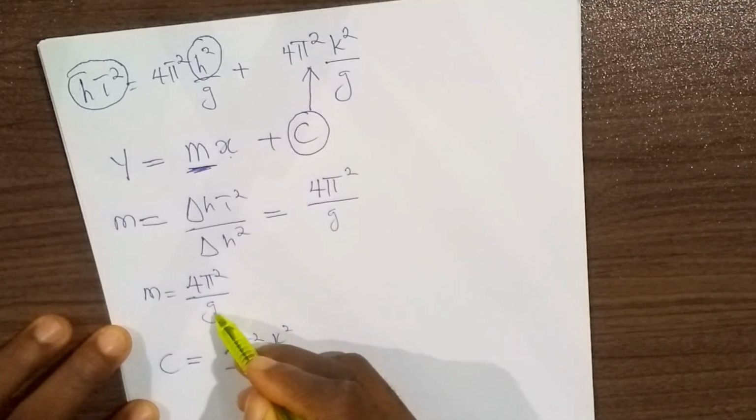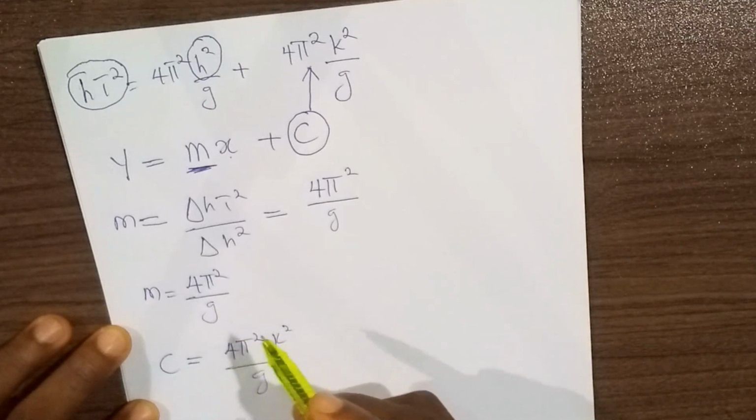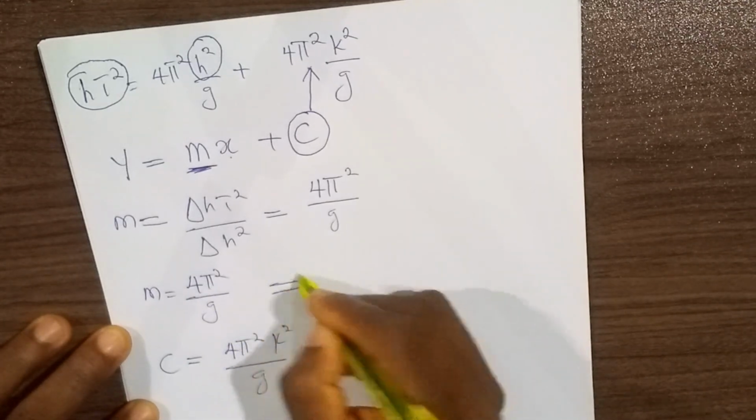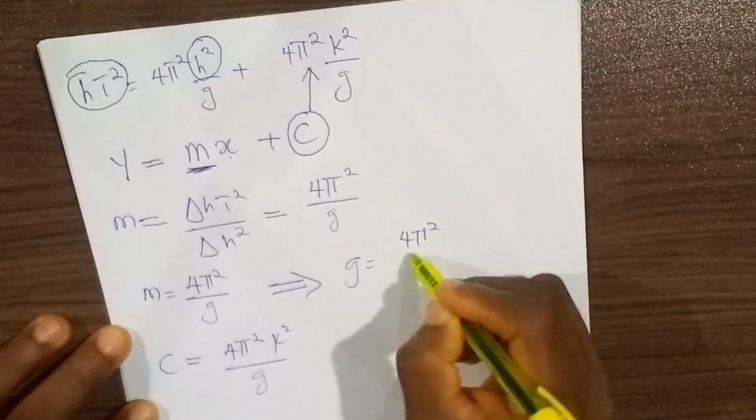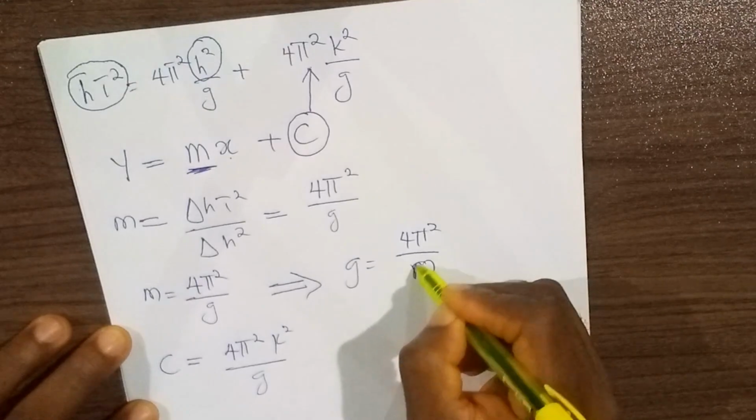From m equals 4 pi squared all over g, we can say that g is equal to 4 pi squared all over m.